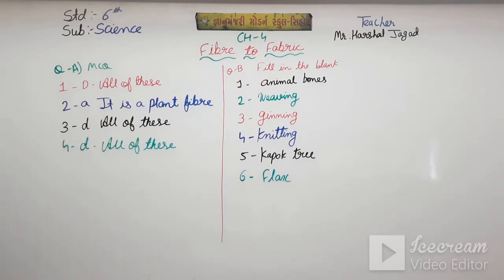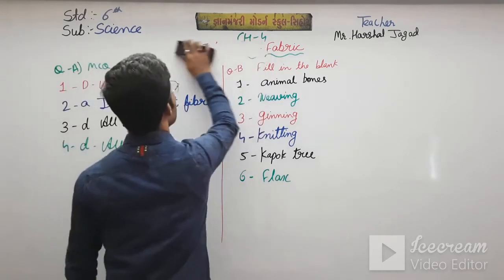And now we will start with our new chapter, that is sorting of material into groups. Sorting materials into groups. Please write down the answers up till I change the lesson.